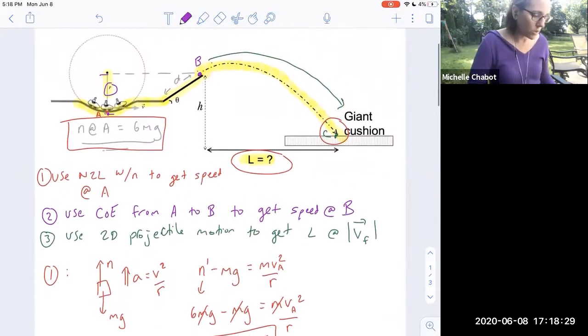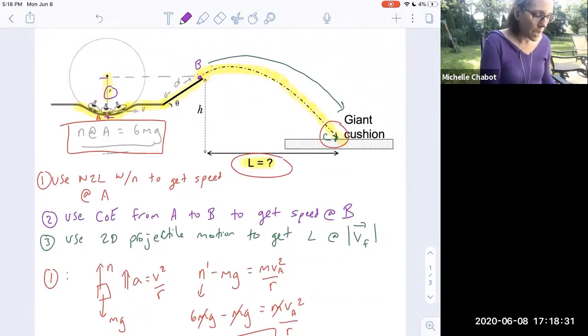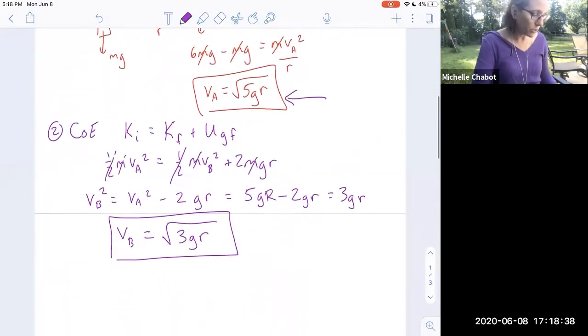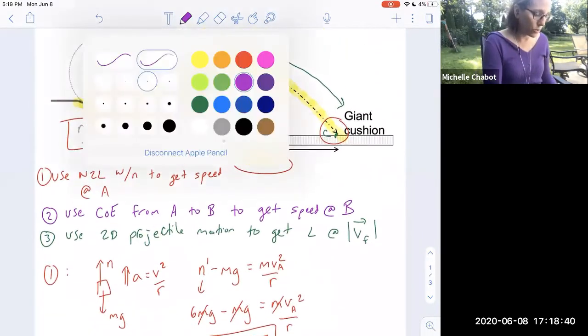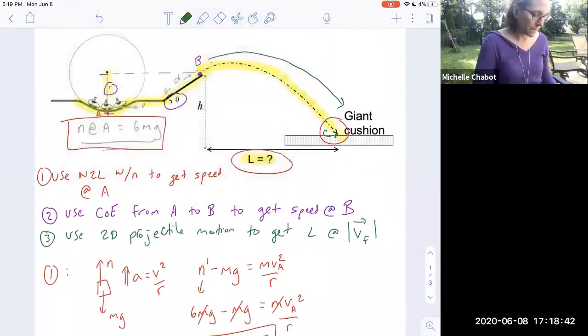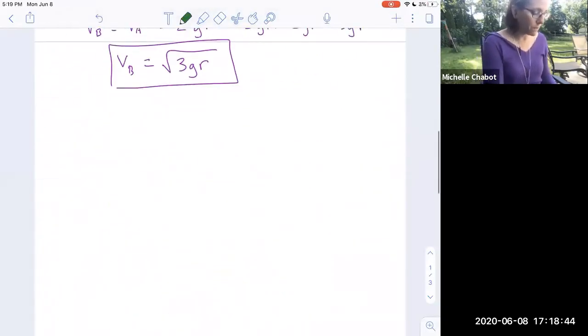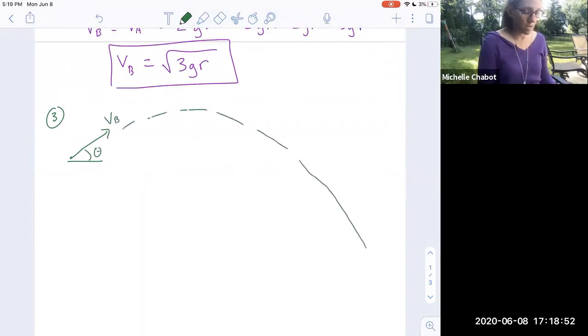So now I know the speed at point B, and I'm given the angle at which it's launched. So now I can move on to my 2D projectile motion. In this case, I like to draw my diagram. There's my speed, there's theta.